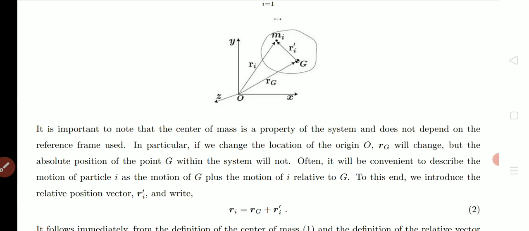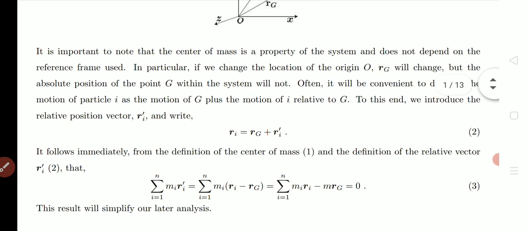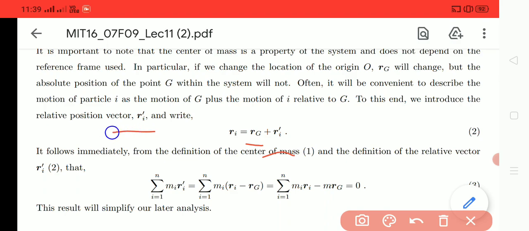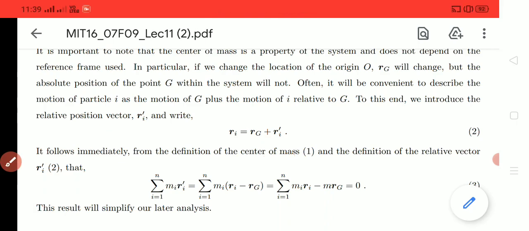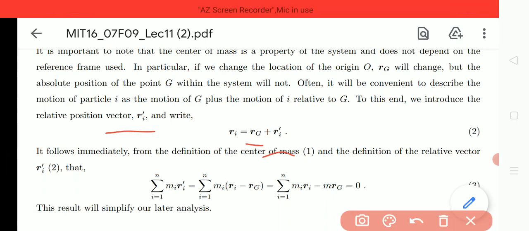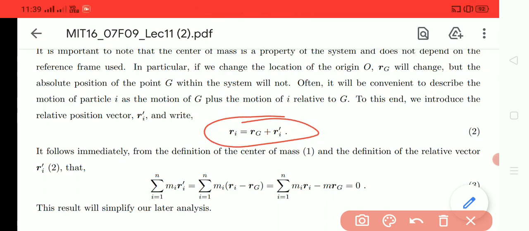Often it will be convenient to describe the motion of particle i as the motion of G plus the motion of i relative to G. To this end, we introduce the relative position vector ri dash and write ri is equal to Rg plus ri dash.